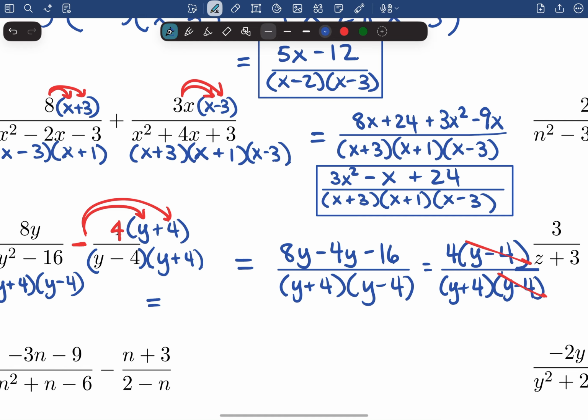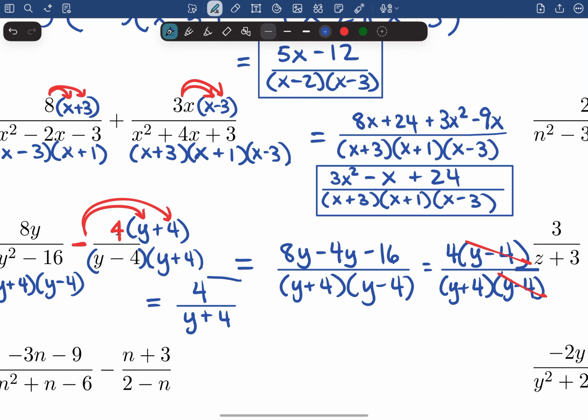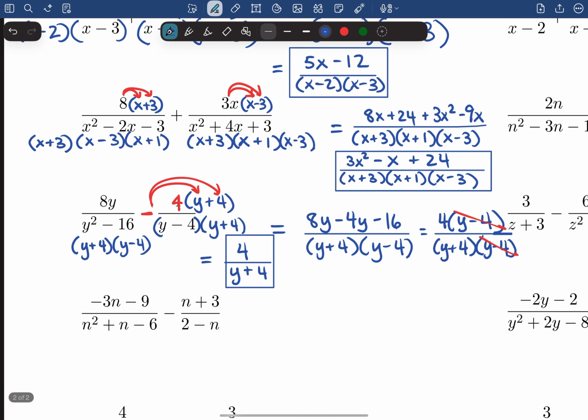And so my final answer is just the factor of 4 on top and the factor of y plus 4 on the bottom. And since they're the only factors, I can drop these parentheses. I don't have to worry about parentheses if I just have one factor on top or on bottom. Great.